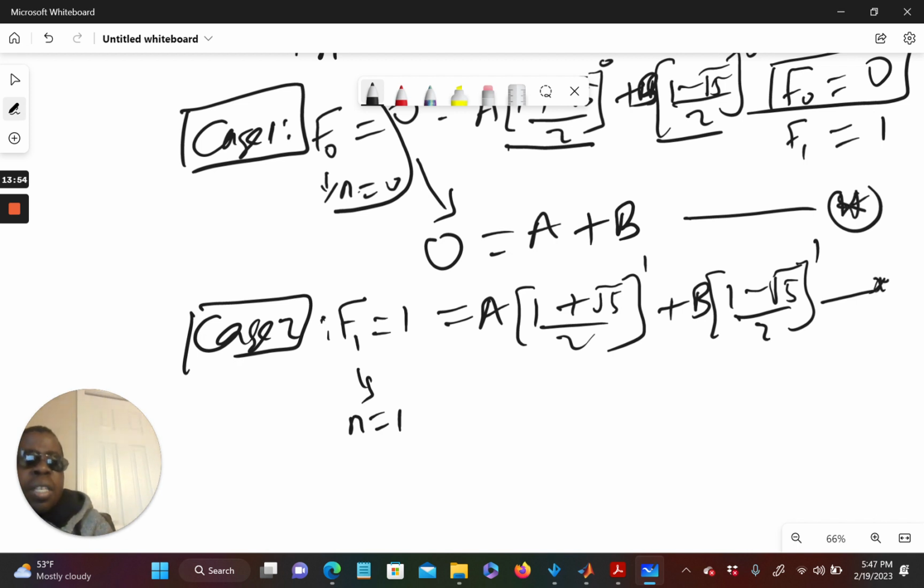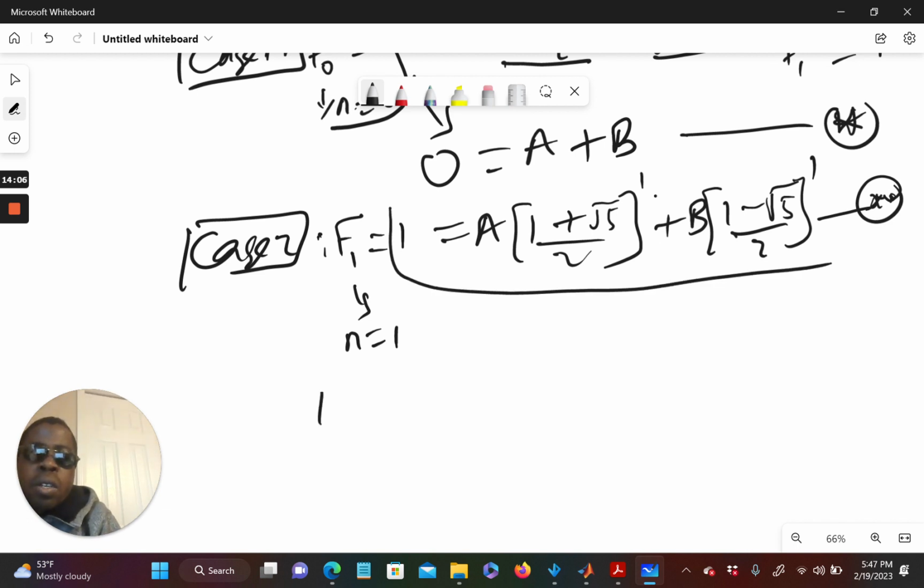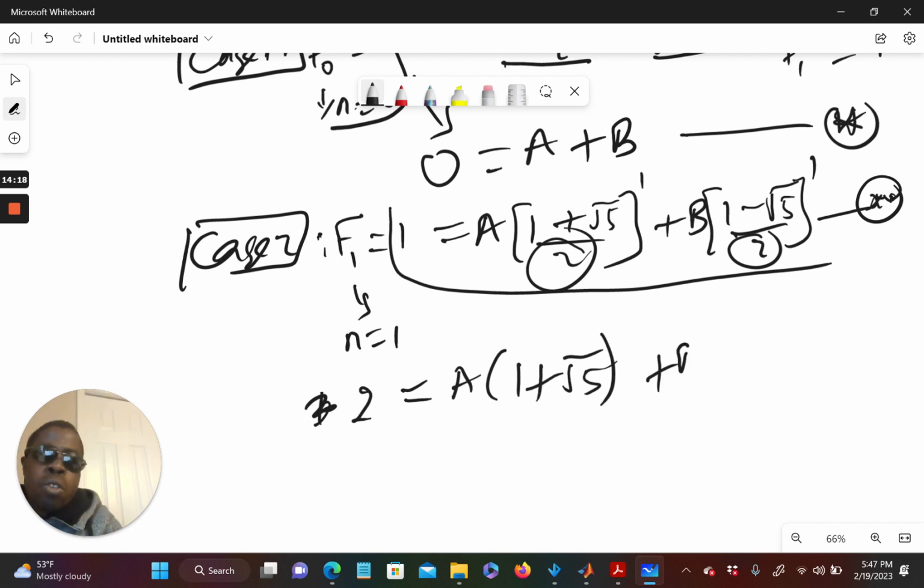This is equation star star, because I already have 1 and 2. Now, you have two equations to be solved simultaneously. Let me do this properly. There is a 2 here, right? I can multiply everything by 2, so I'm going to have 2 equals a into 1 plus root 5 plus b into 1 minus root 5, because this is to power 1 already.